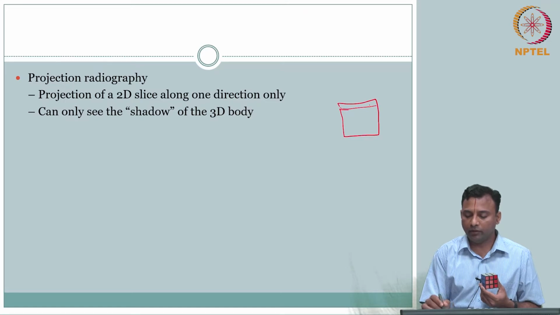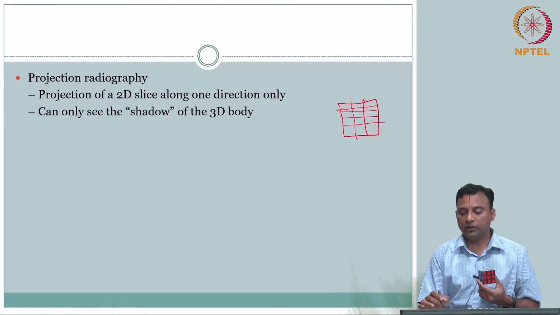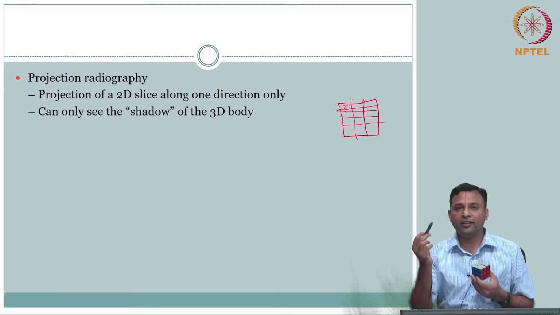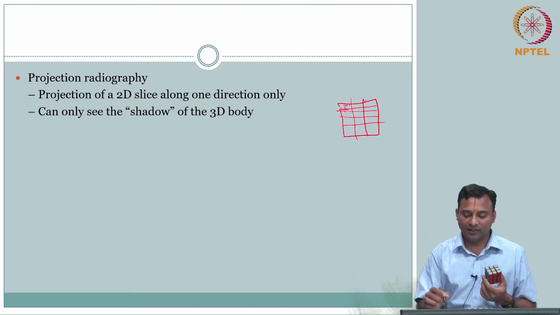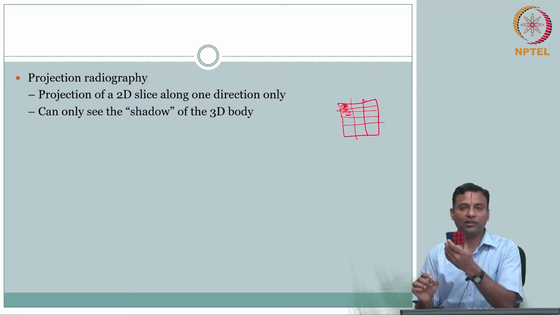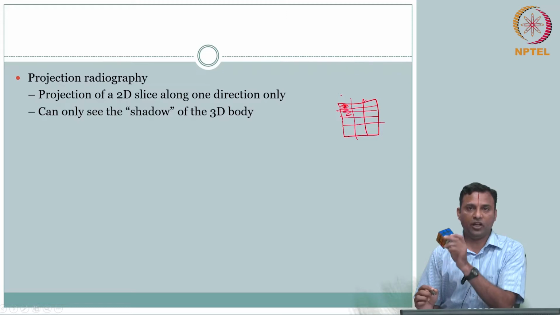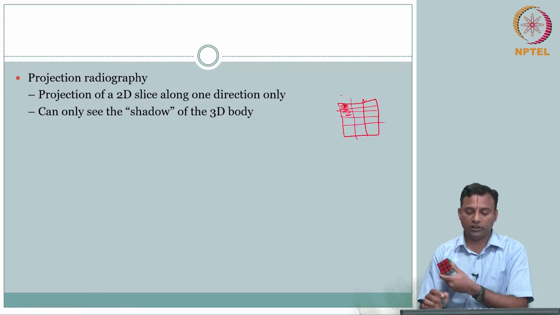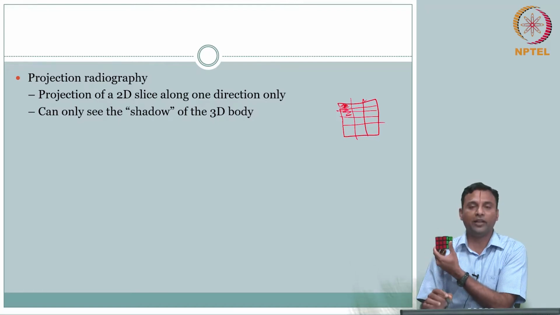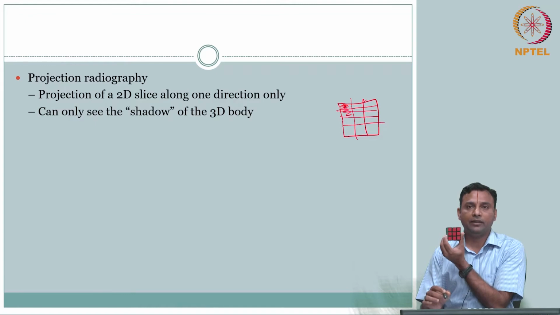To make life simple, this is what you would have seen, and I am not going to color it because I don't have the colors, I have red, maybe I will have to go pick another color, I don't want to waste time on that. But the idea is, you see one square, it is not a cube that you see, because you see the projection, and so you would have seen a square which has 3 cross 3 small squares if you are really able to pick it.